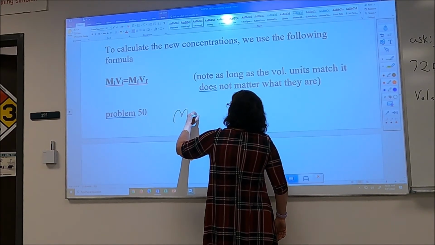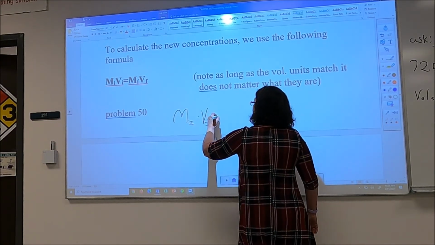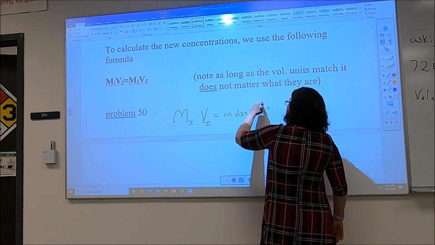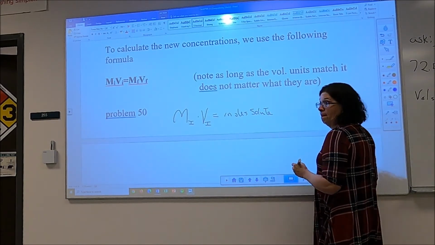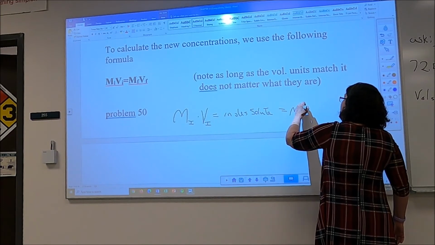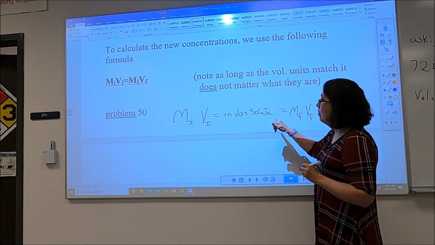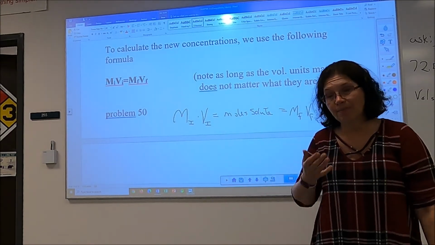Molarity initial solution times volume initial solution gives me moles of solute. And that has to equal molarity of final solution times volume of final solution, because molarity times volume always equals moles of solute.